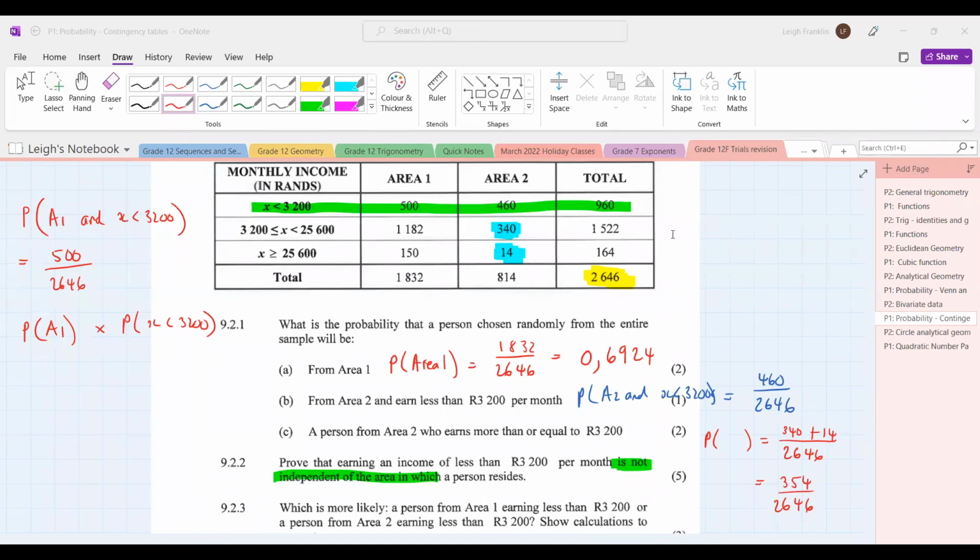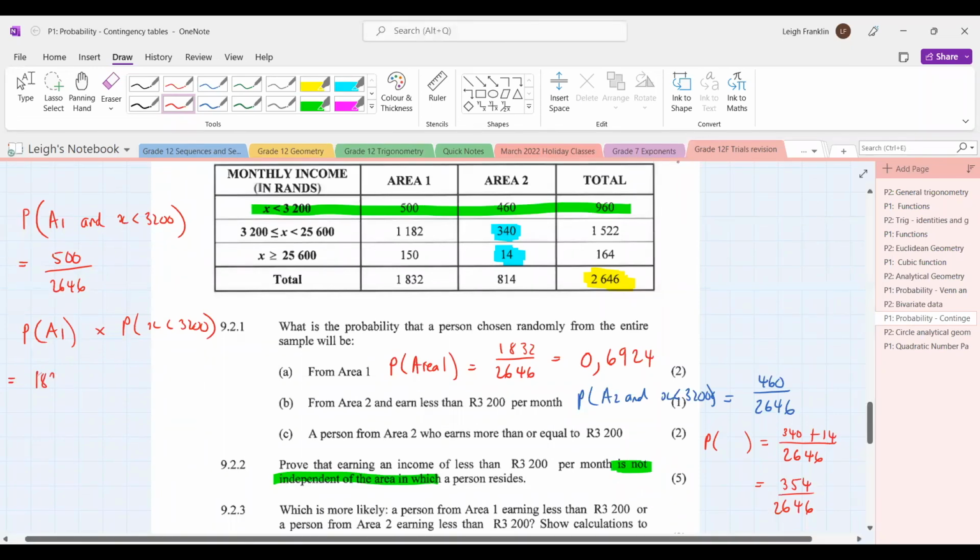So now we're going to go back and look at the table. What is the probability that somebody lives in area 1? We've actually already got that answer from part A. We've got 1832 out of 2646.